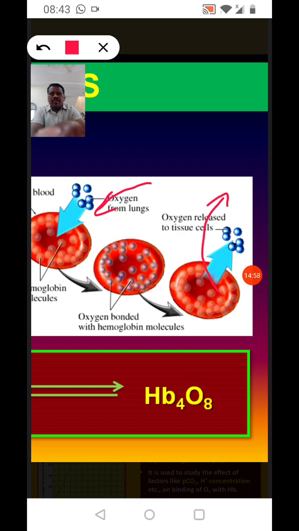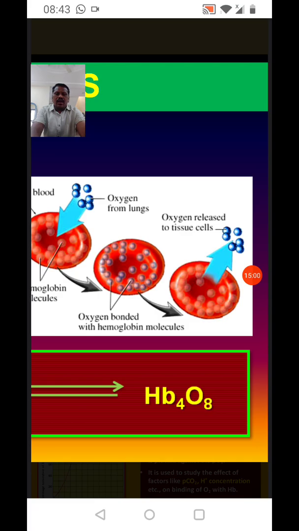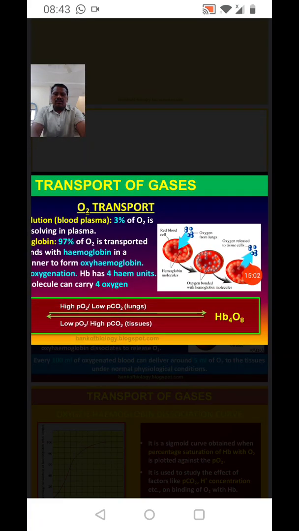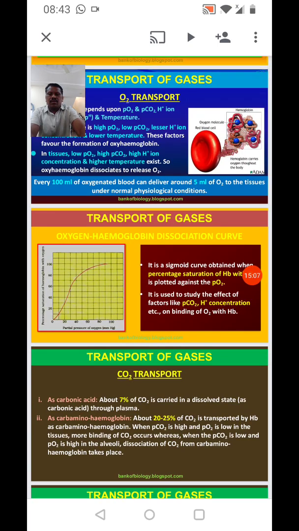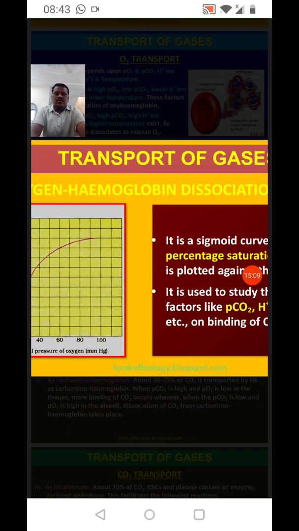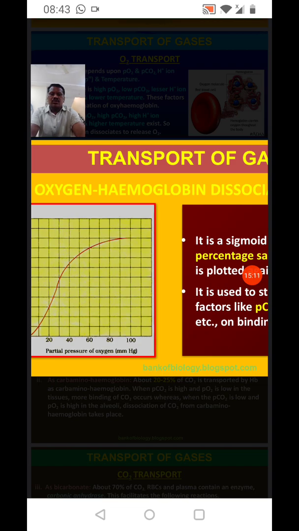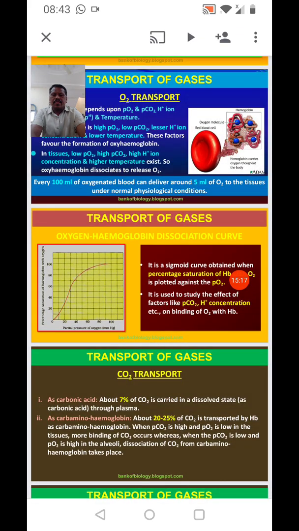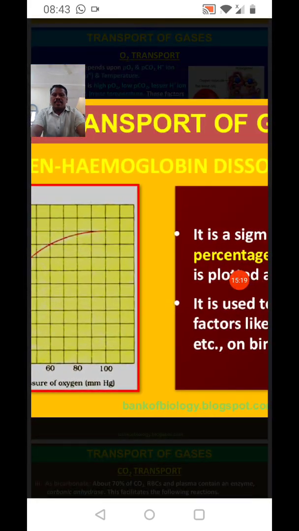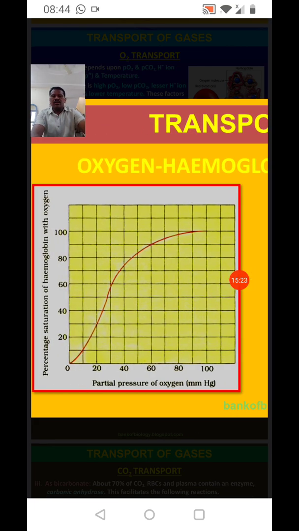Okay. And here we also study about the oxygen hemoglobin dissociation curve. Understand? Here you can see a curve.